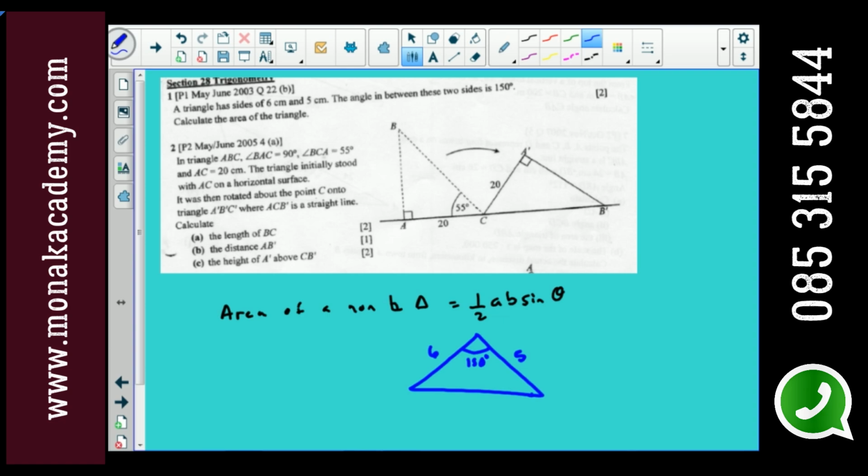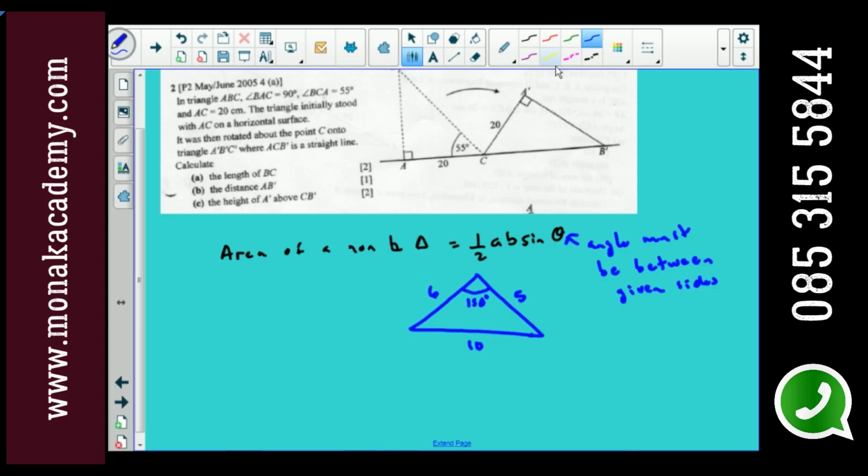So if this one was given as 10, you can't come and put half of 6 times 5 sine 150, because it has to be between those two given sides. This given angle must be between the given sides. Otherwise, it won't work. But in this case, it will work because that's what is given.